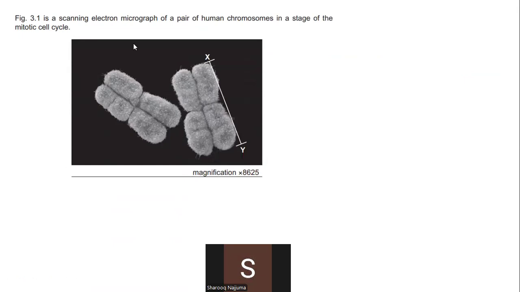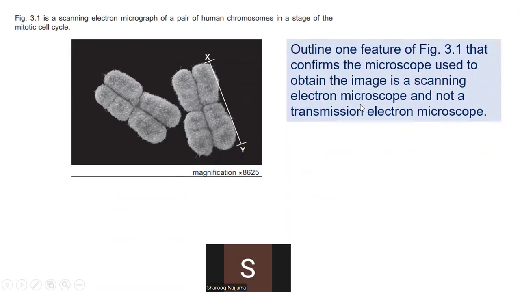So here we have a figure 3.1 showing us a scanning electron micrograph of a pair of human chromosomes. So these are human chromosomes. And we have a question here. Outline one feature that confirms that the microscope used to obtain this image is a scanning and not a transmission.